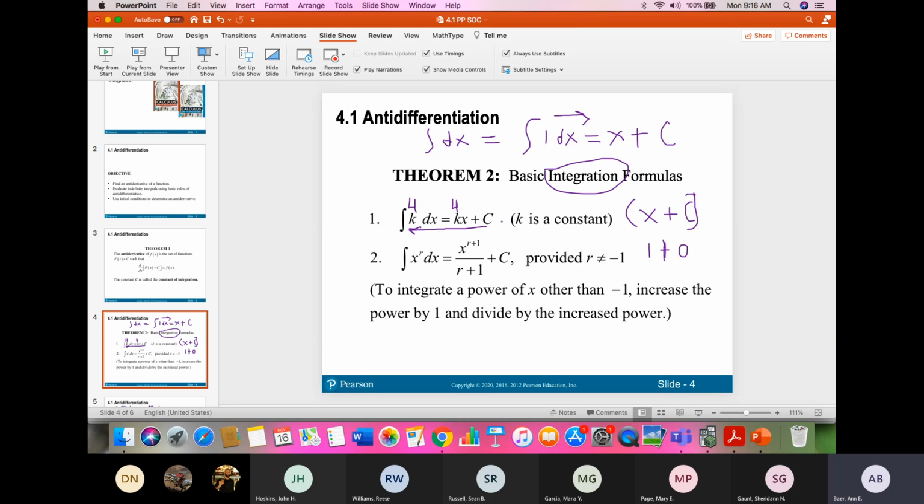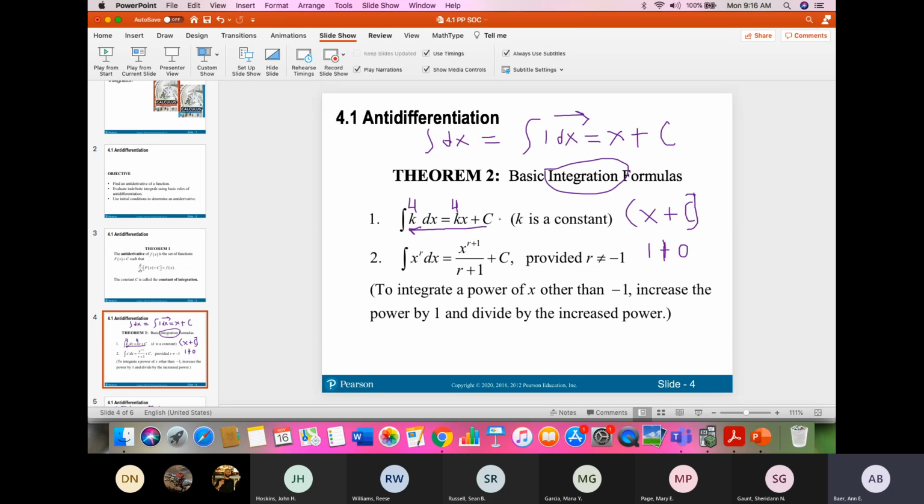We have millions and millions and billions of these that can be generated. So we have to include them all in that one constant of integration, where C is any real number.